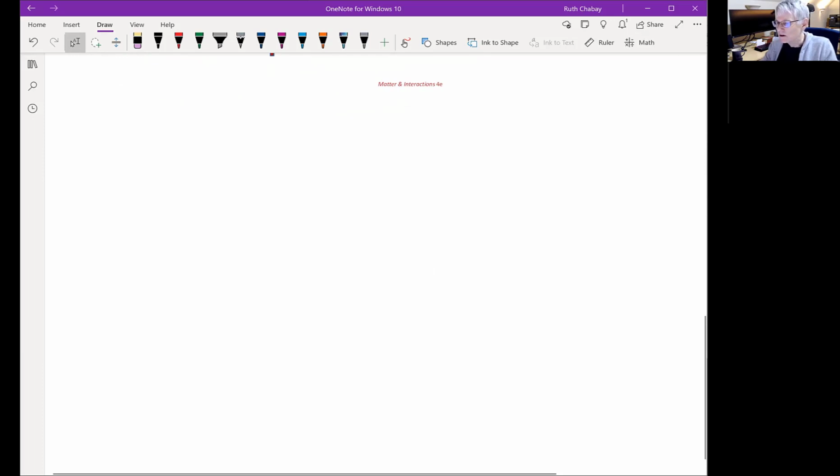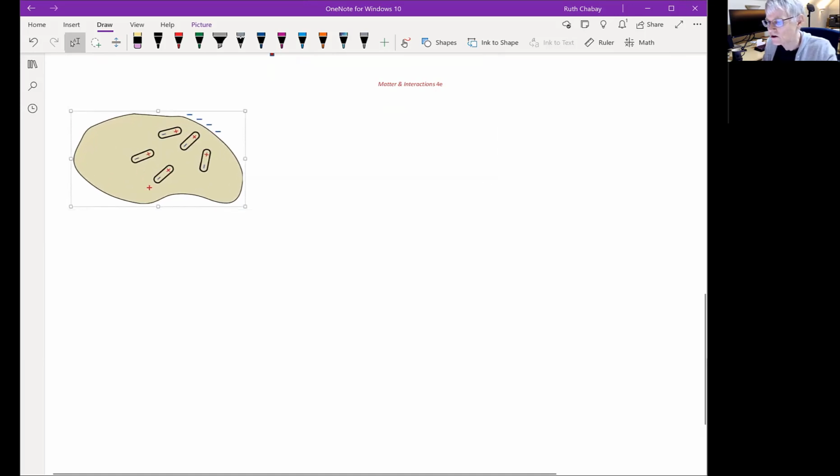Now, a little piece of vocabulary here. It is possible for something to be polarized and charged. Polarized and charged are different. So here's a piece of insulator, maybe a blob of plastic or something.